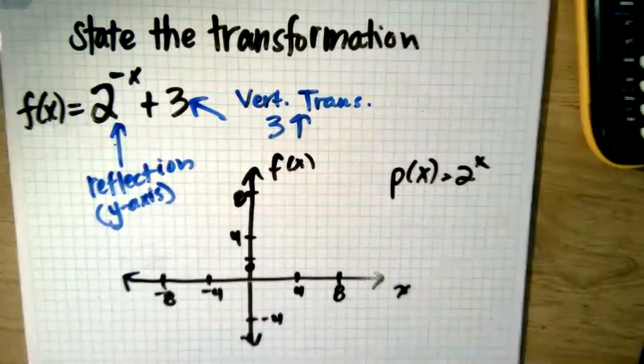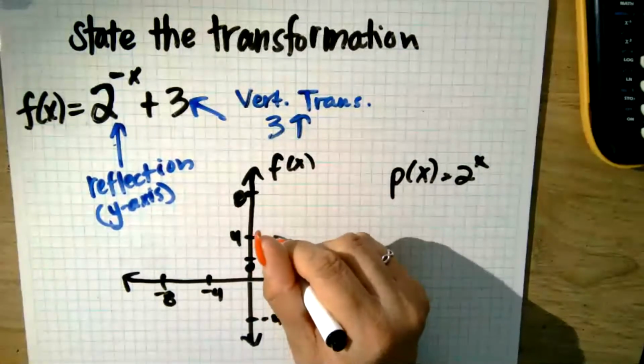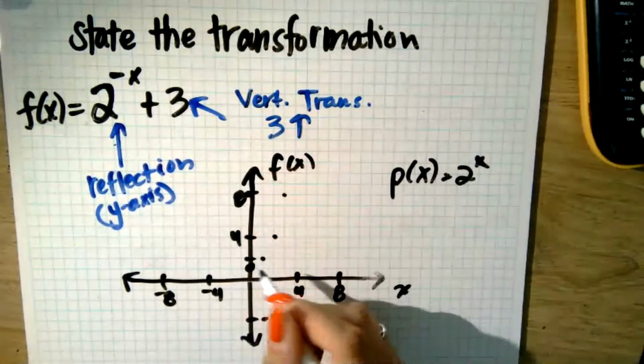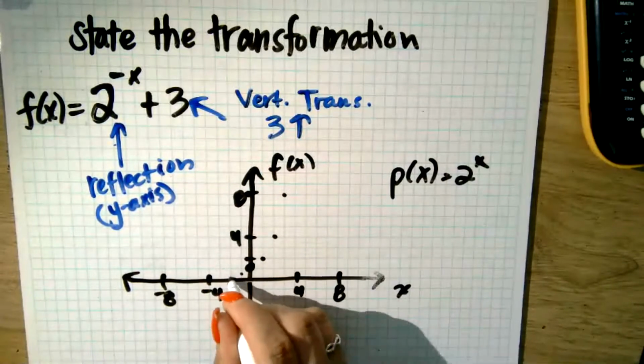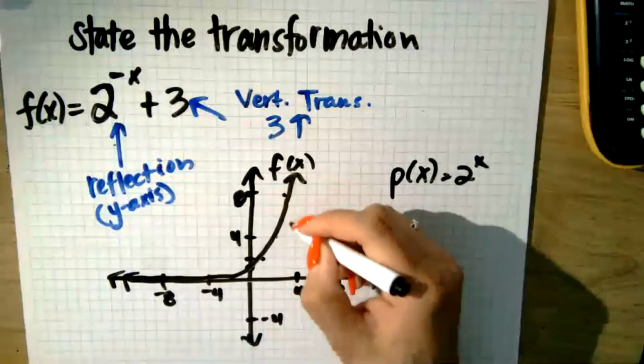That's the one we always compare against. 2 to the 0 is 1, 1 corresponds to 2, 2 corresponds to 4, 3 corresponds to 8, -1 corresponds to 1/2, -2 to 1/4. Here is my parent function, 2 to the x.